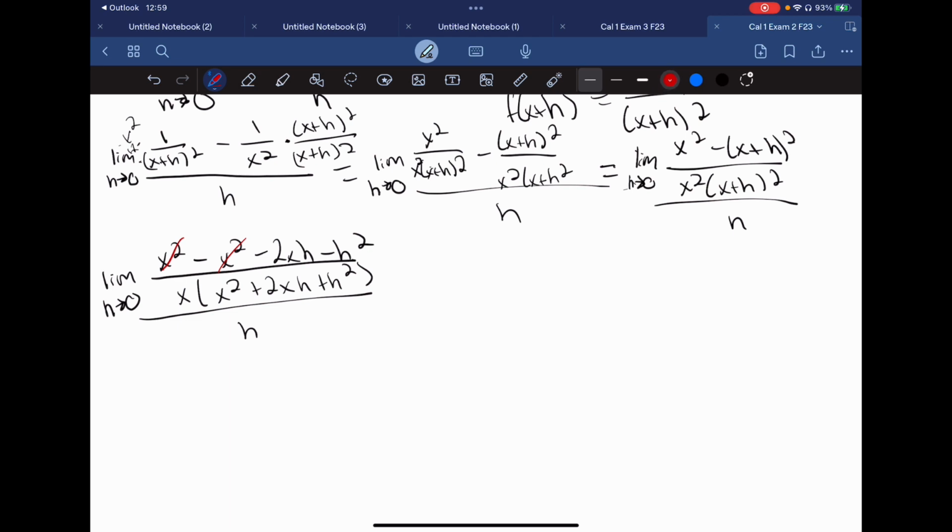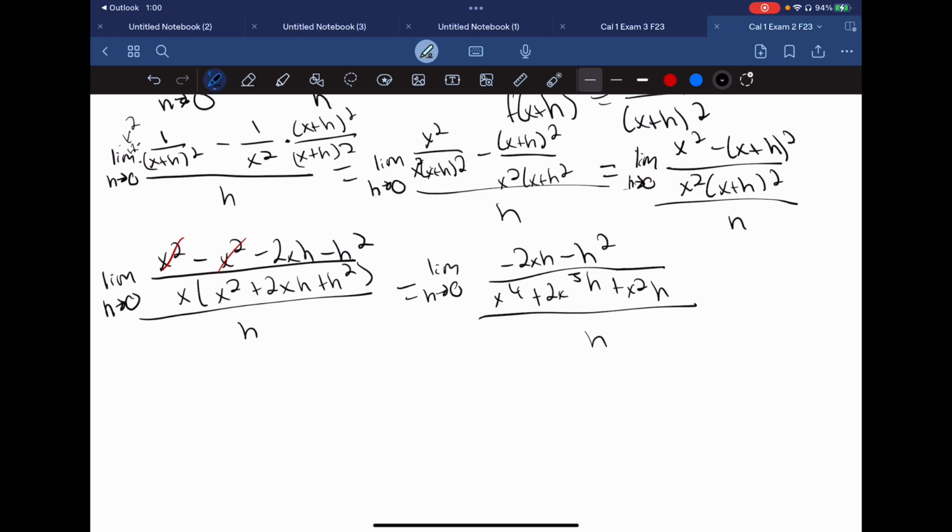And that is going to leave us with limit as h approaches 0, negative 2xh minus h squared over x, and we're going to expand the bottom part out too, so it's going to be x to the fourth plus 2x cubed h plus x squared h squared, and then again all over h.